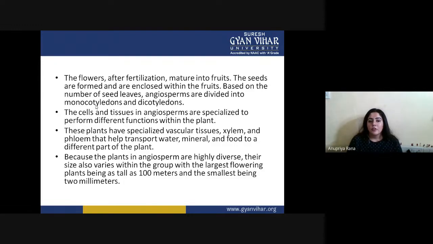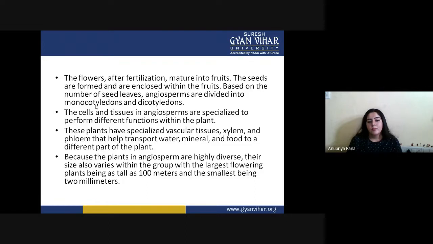The cells and tissues in angiosperms are specialized to perform different functions within the plant. As they are advanced plants, their organs and parts are also utilized for special functions to maintain their advanced features.